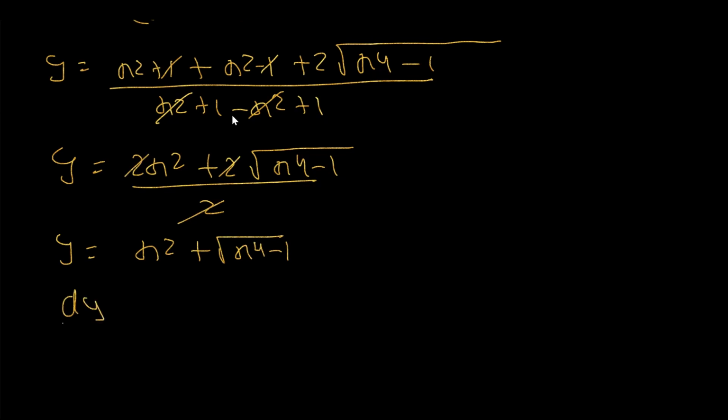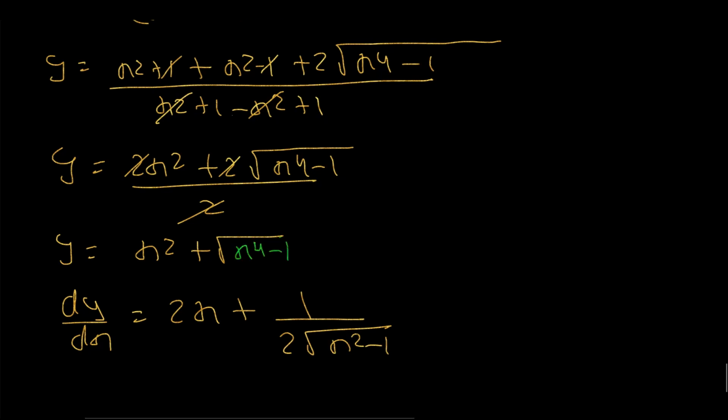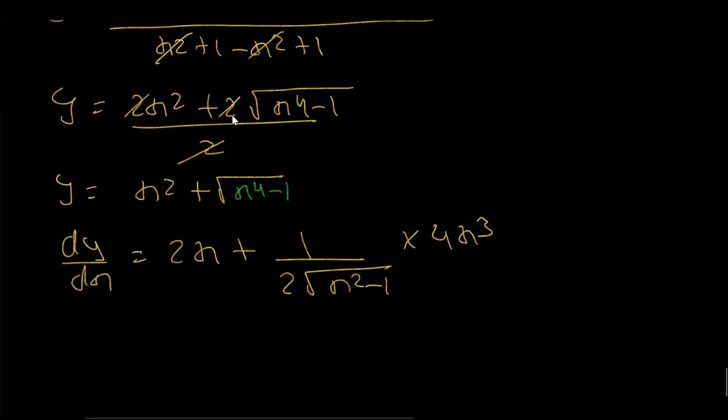Now here I find the differentiation. x square differentiation is 2x, and root x differentiation is 1 over 2 root x. Then by chain rule, we are also going to find the differentiation of this. This should give you 4x raised to the power 3. The 1, 2 get cancelled from here, and whatever is left is the final answer.